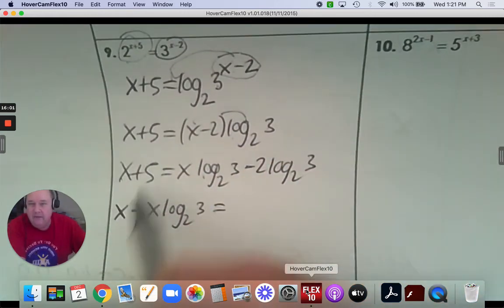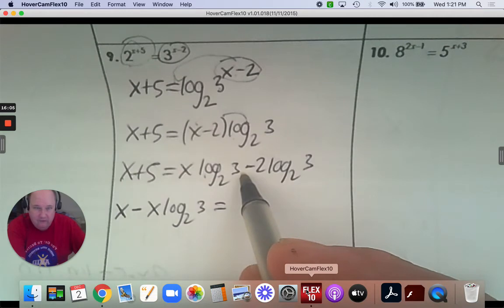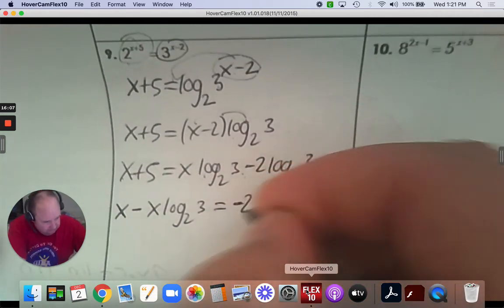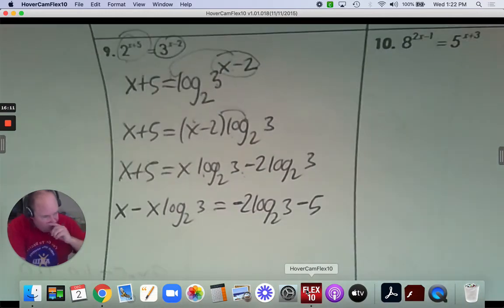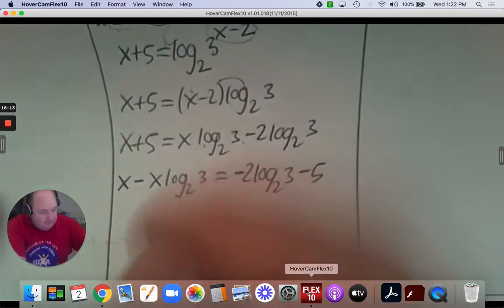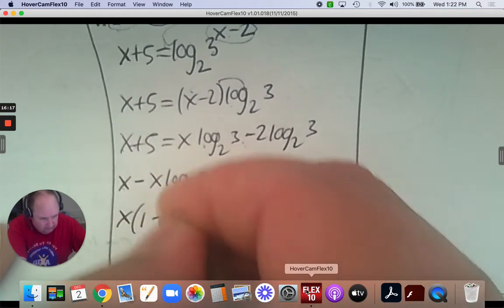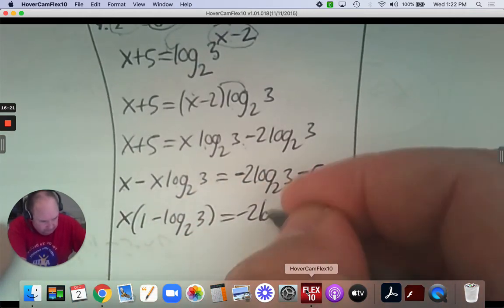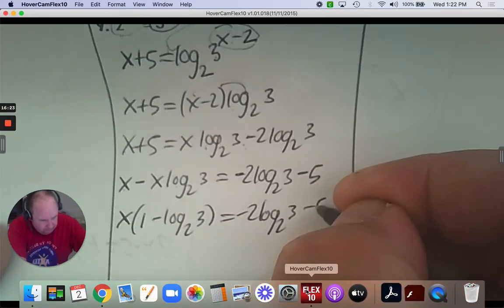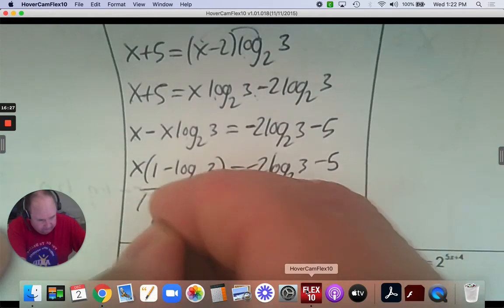And if it doesn't have an x, it's going to go on the other side. So I'm going to subtract 5 to the other side. Next, I'm going to factor an x out. This is the most complicated scenario. And then the last step, and then we'll use a calculator, is we're going to divide.